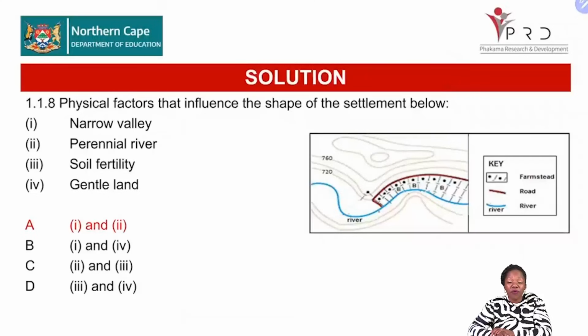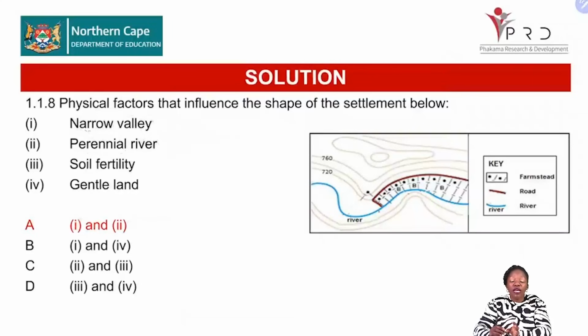Right, girls and boys, as you can see, our combination is Roman figure 1 as well as Roman figure 2. So what happens is the narrow valley. Remember, we are looking for the physical factors. So your narrow valley as well as your perennial river. Perennial river, this is a permanent river.